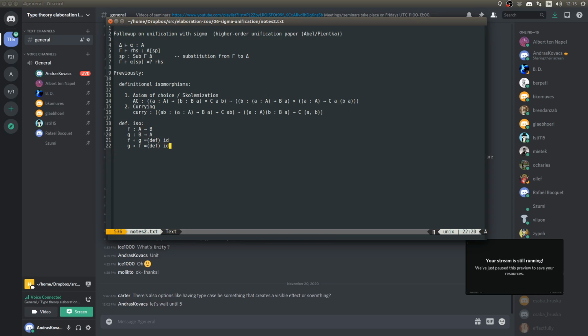And in unification, we want to solve unification problems, and we want them to be unique up to definitional equality. So we can only use definitional isomorphisms to simplify problems, because this preserves uniqueness up to definitional equality. So we cannot use any isomorphism which is only propositionally provable but which is not definitional here.